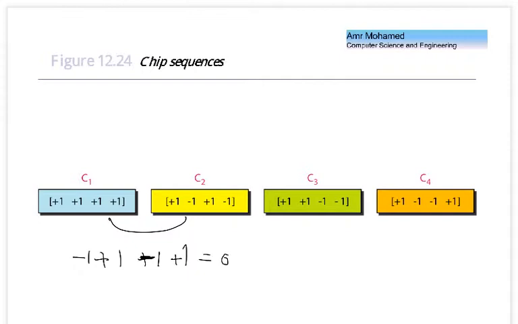So the result of the vector product between any two pair of codes is always 0, and the result of multiplying the code by itself is always 4. Okay, so these are the important properties for these codes to be able to work for CDMA.